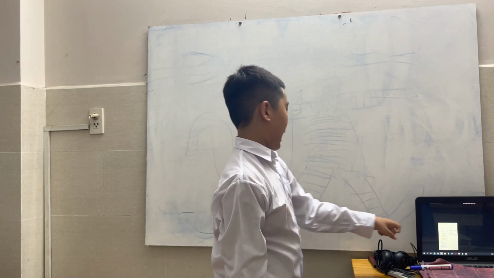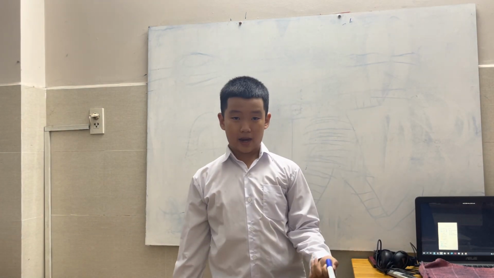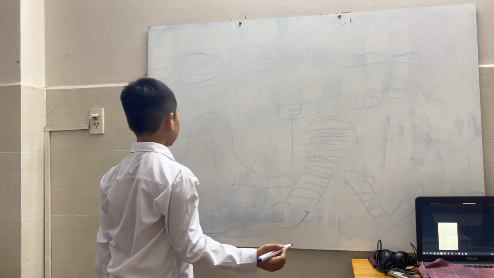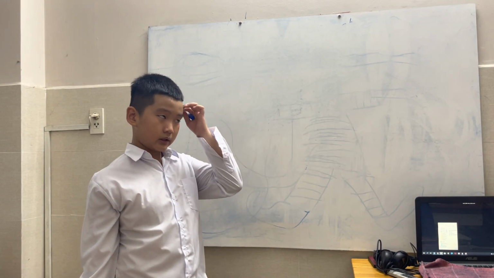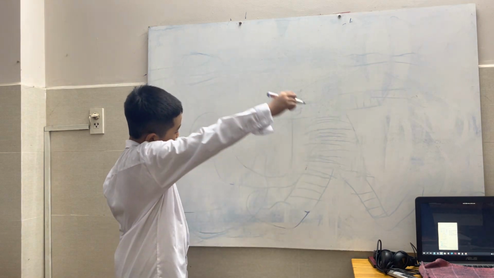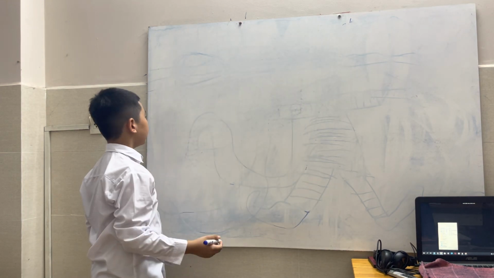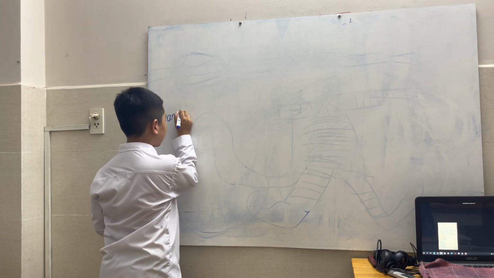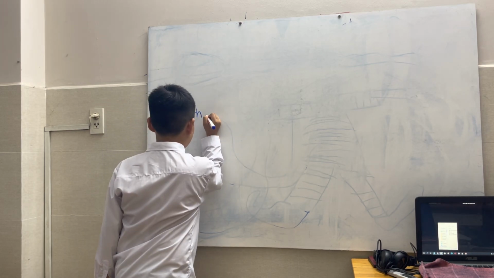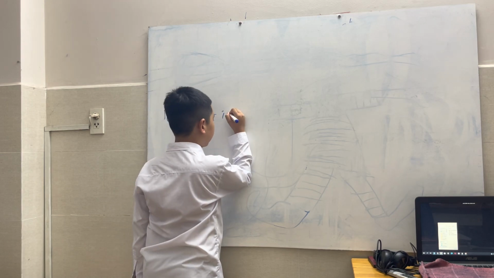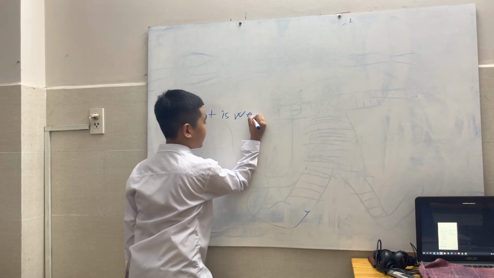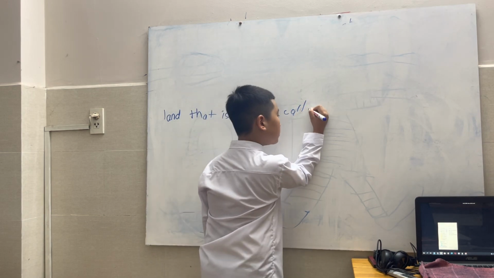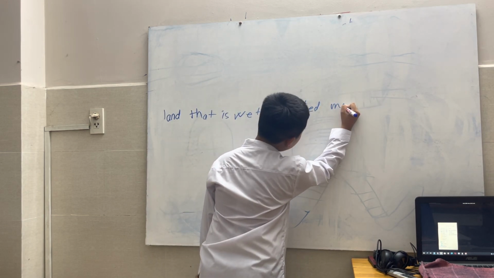So now we're back for the vocabulary questions. First of all, I'll ask you something. I'll get out true or false questions. Land that is wet is called moist land.